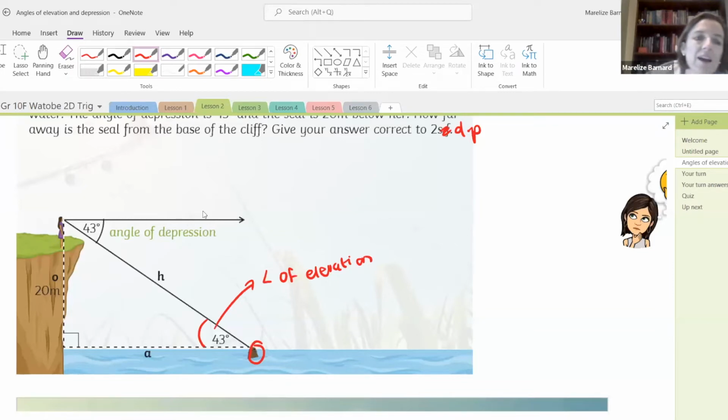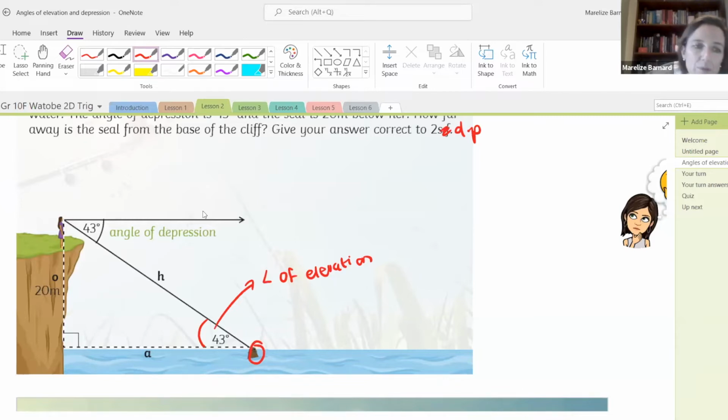What we've got here is a right angle triangle, and because we've got a right angle triangle, we can use trigonometry to find this distance from the seal to the base of the cliff.